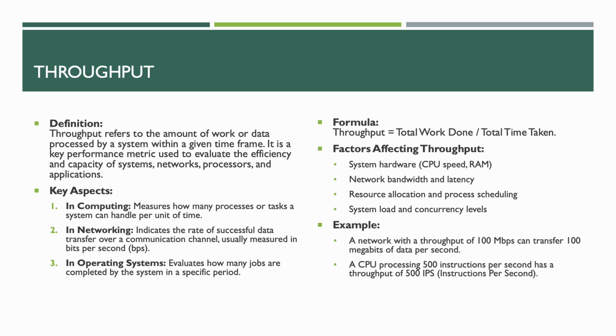And a CPU processing 500 instructions per second has a throughput of 500 IPS, like instructions per second. So understanding throughput helps us optimize system performance and ensure efficient resource allocation or resource utilization.